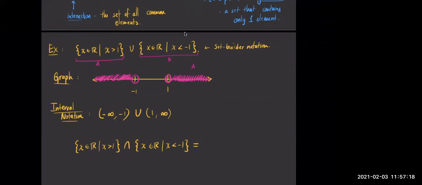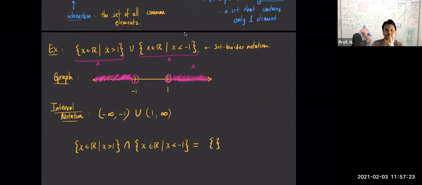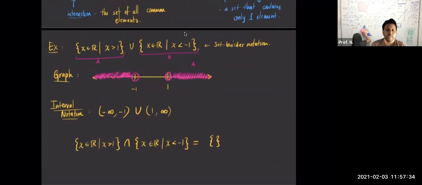The empty one, right. There's nothing. The null set, that's right. I have nothing in common. There's no overlap of the shaded regions, so we say it's empty. There's nothing to graph, and nothing to say about the interval notation for this. Make sense?